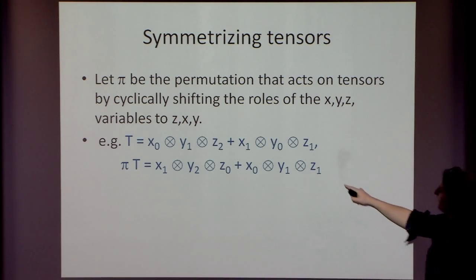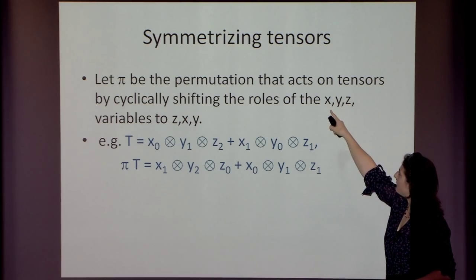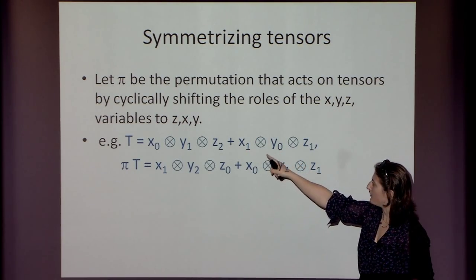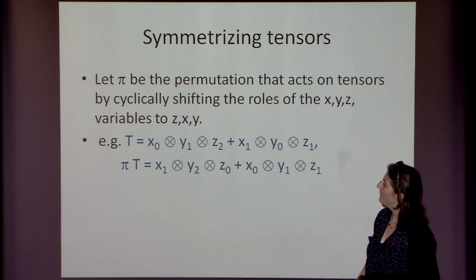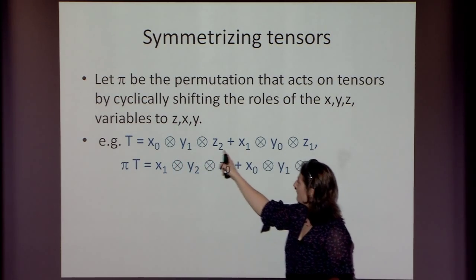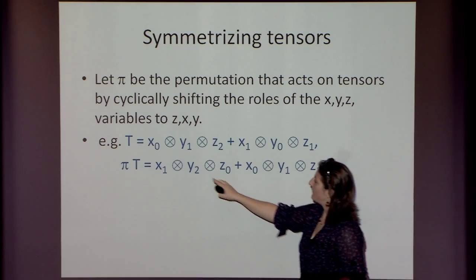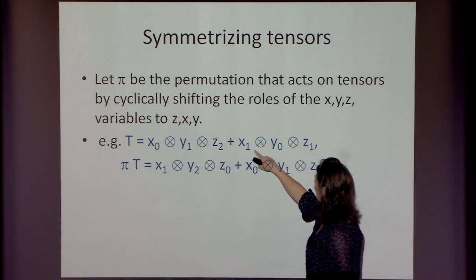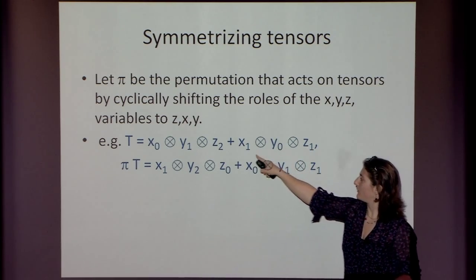What I mean by this is, it takes the indices of x and makes them indices of z, and the indices of y makes them indices of x. So if I have this tensor, then I want to shift 0, 1, 2 into 1, 2, 0. And 1, 0, 1, I want to shift to 0, 1, 1.